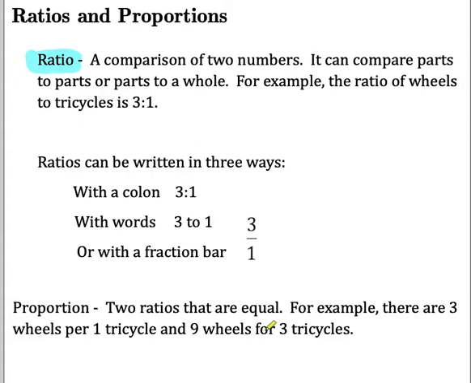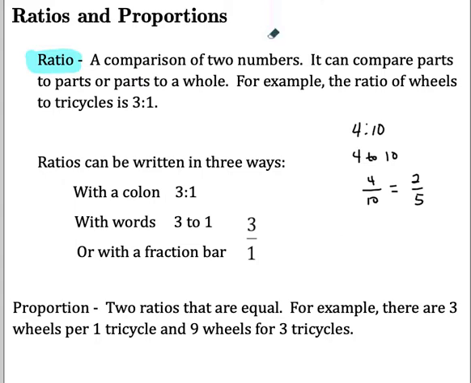So the oranges are part of the 10. So I might say that the ratio of oranges to fruit would be 4 to 10, and I could write it this way. Or I could write it with words, 4 to 10. Or I could write it as a fraction, 4/10. All of these ratios can be simplified, and you're used to simplifying them, particularly when they're written as fractions. And you could do that this way as well.